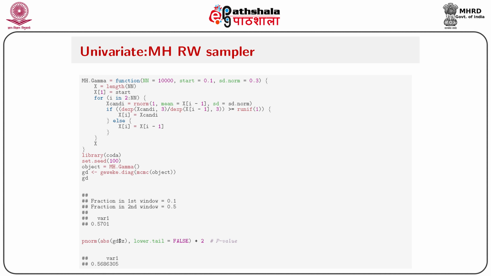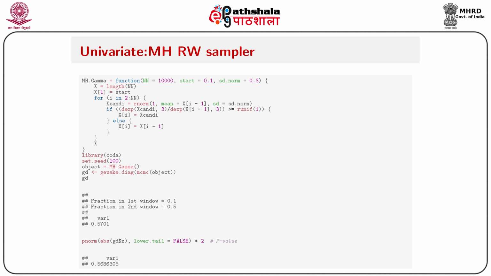Now I am using the library coda, then set seed is 100, then the object equals gamma sampler, which will give you the gamma samples, where I specified the size as 10,000.